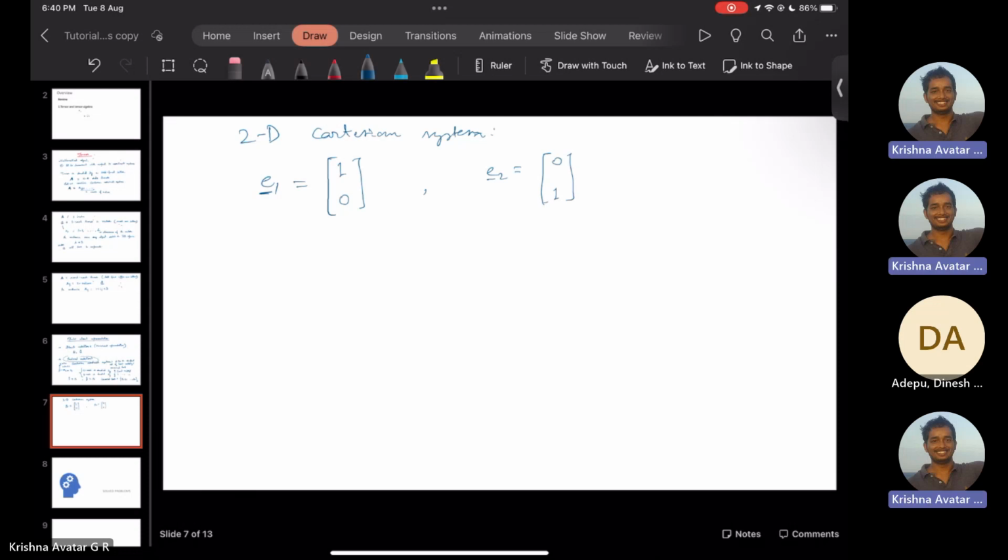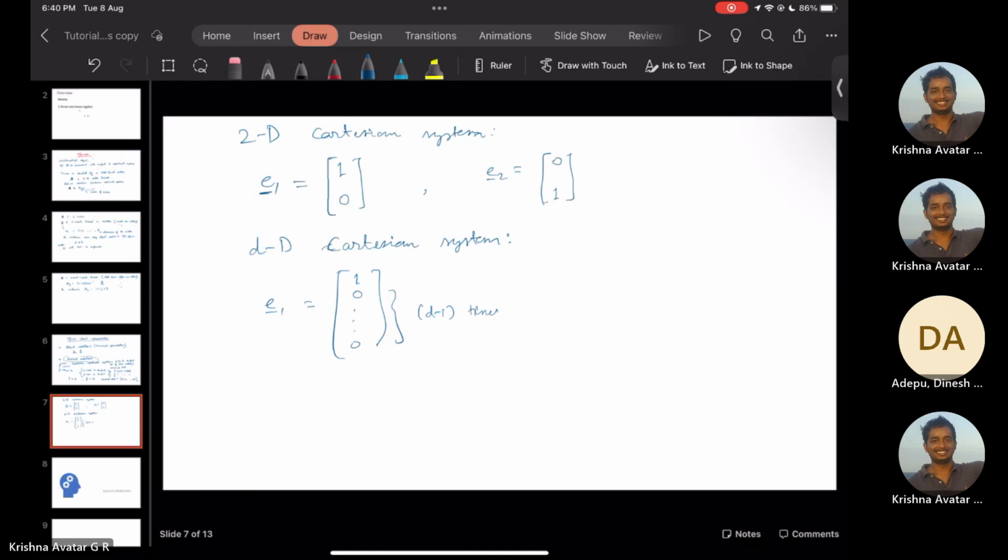And in general, say if we have a D-dimensional Cartesian system, then e1 will be equal to 1 followed by 0 repeated D minus 1 times, and the last vector eD is 0 repeated D minus 1 times, and the last entry will be 1.